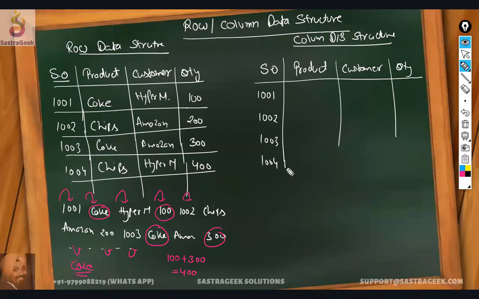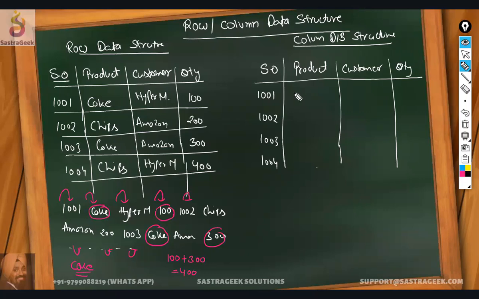So in the column data structure, it only stores the unique values. It would not store the values which repeat again and again, so it does a huge compression of the data. In this example, my Coke is repeating, my chips is repeating.